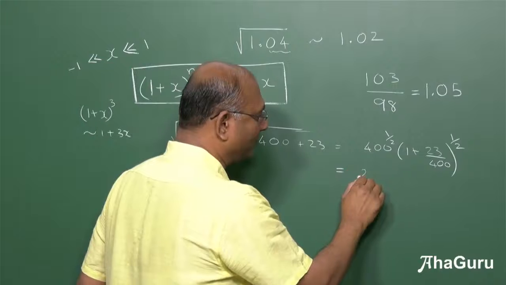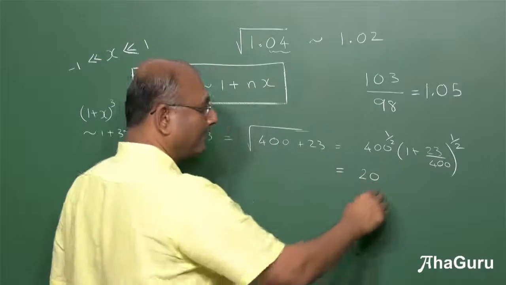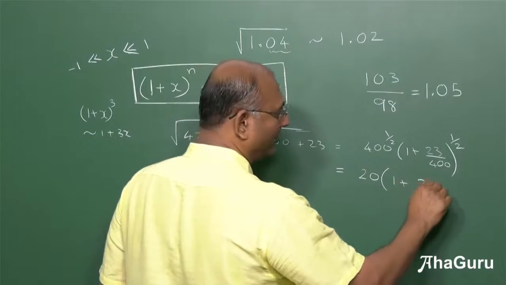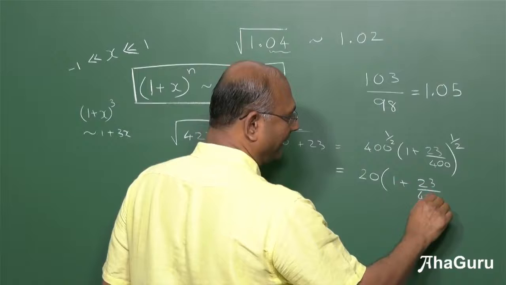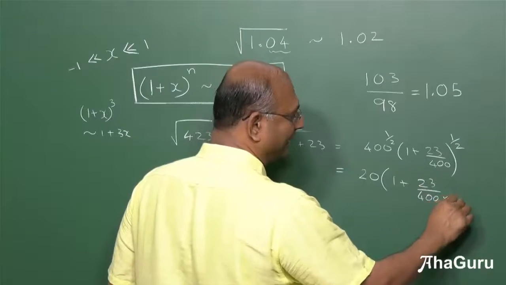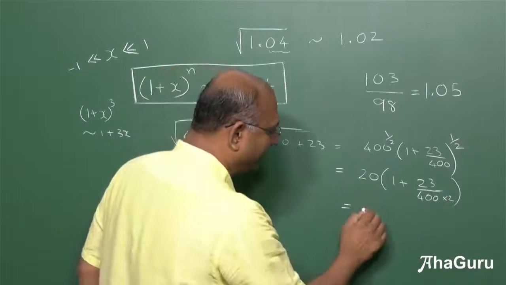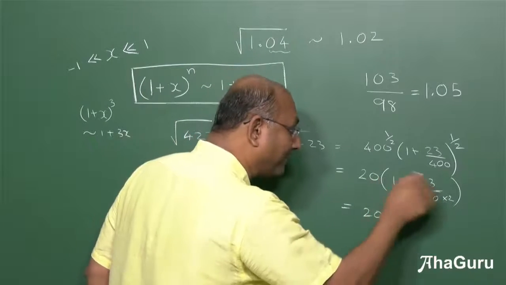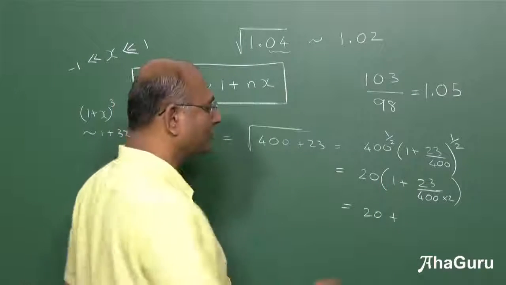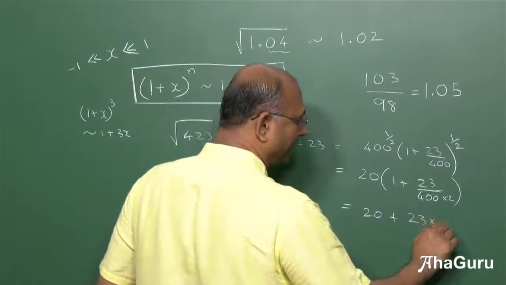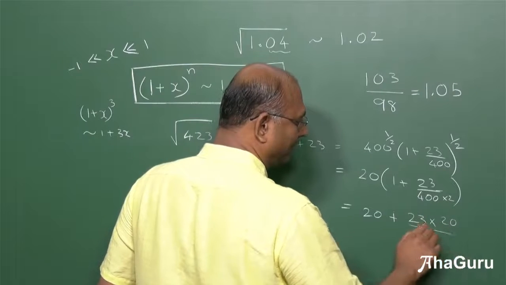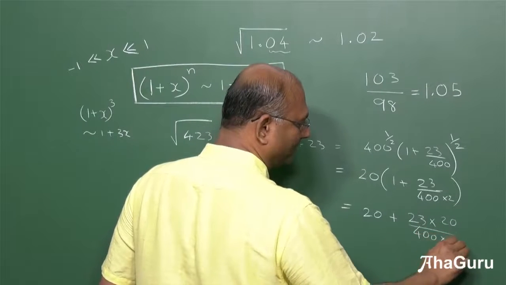What is this? This is 20 into 1 plus 23 by 400 into half. So I'll put the half down there. So if I now multiply, 20 times 1 is 20. Never multiply before you divide. So you write it as 23 into 20 by 400 into 2.